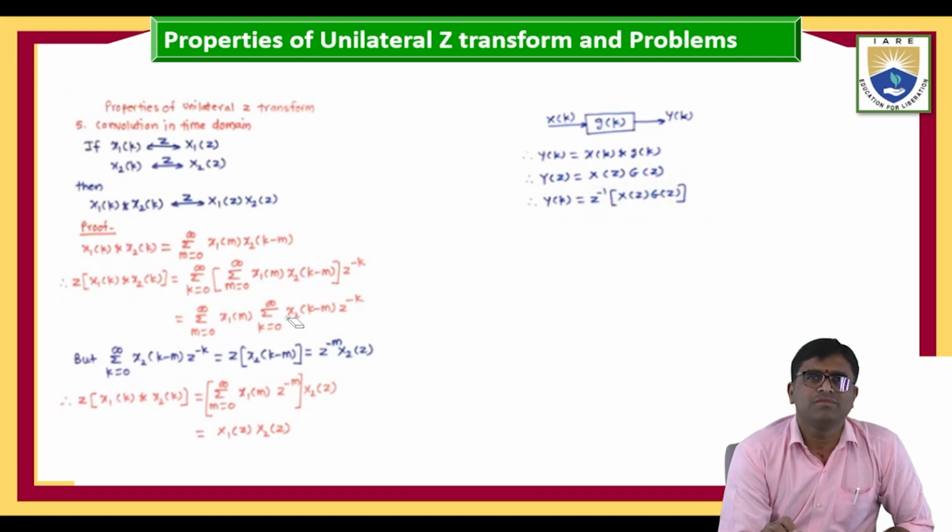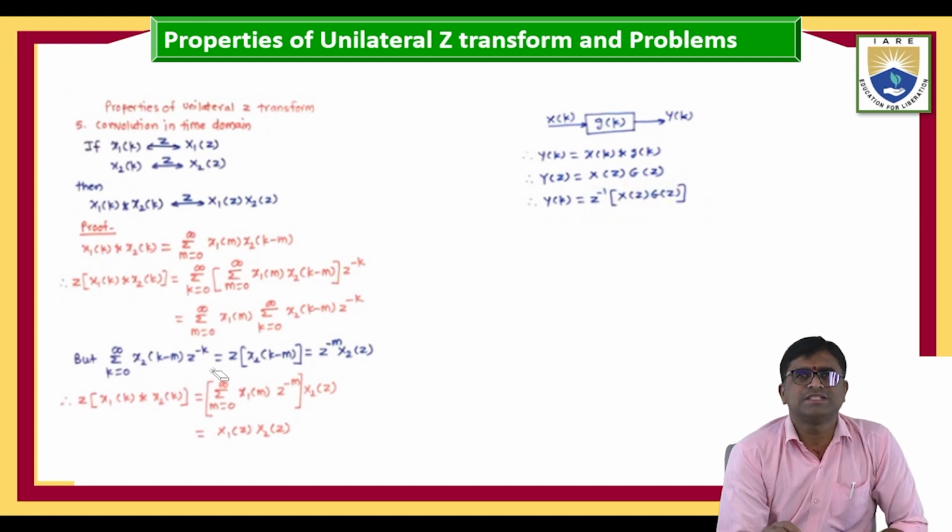After that, we know that the summation over k equals 0 to infinity of x2 of k minus m into z power of minus k gives the Z transform z power of minus m into x2 of z.